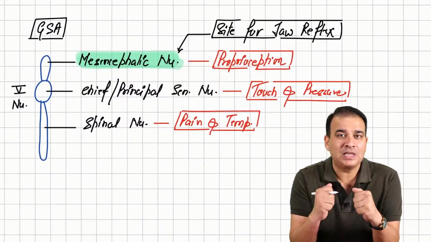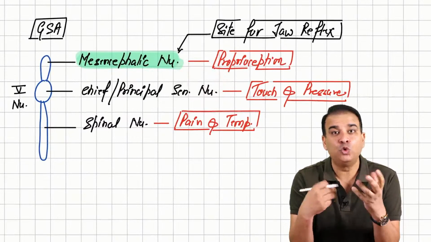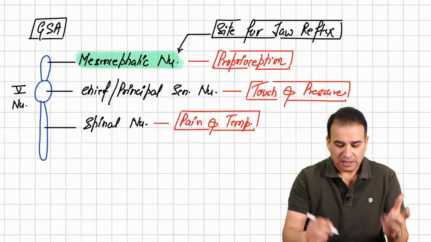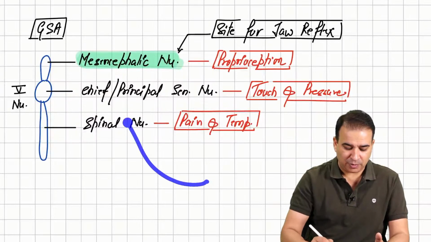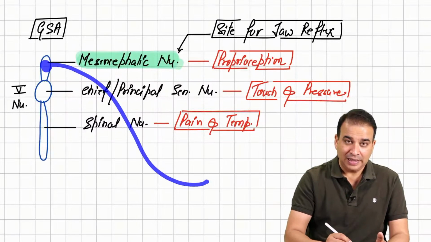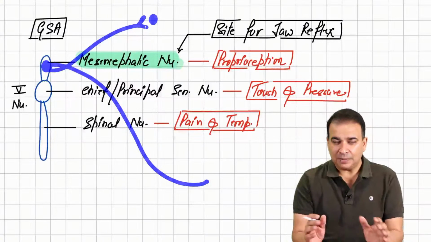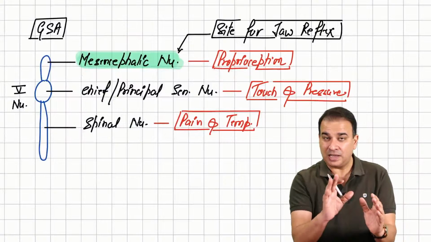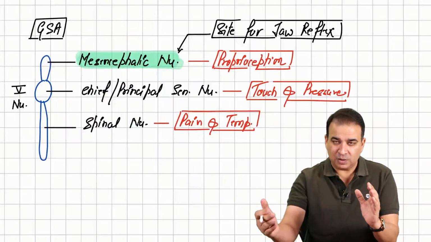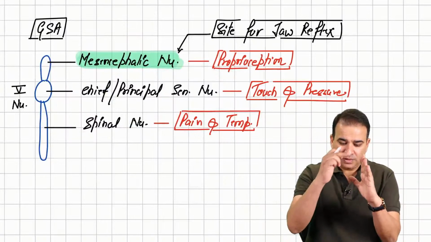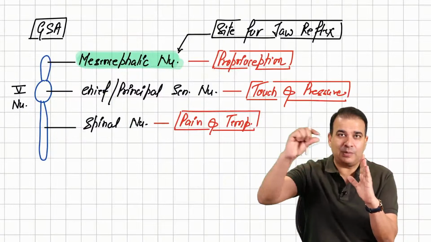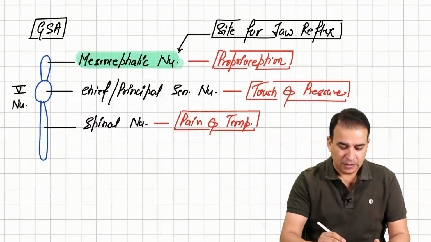And to have a monosynaptic reflex, we need a pseudo-unipolar neuron. The sensation comes inside from here into the mesencephalic nucleus, and from there it is directly oriented toward the motor nucleus of the mandibular nerve. That means in the mesencephalic nucleus, the relay did not take place. The fibers are sent from there to the motor nucleus.